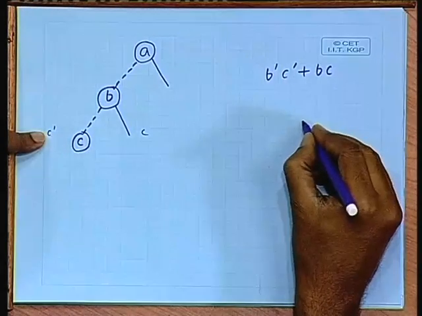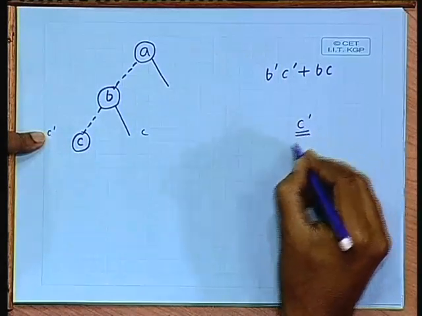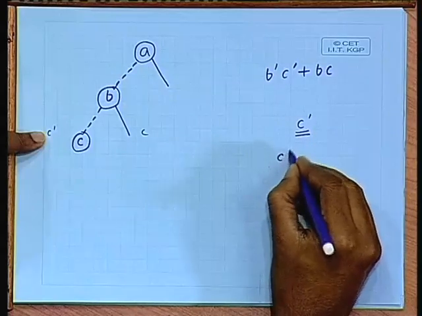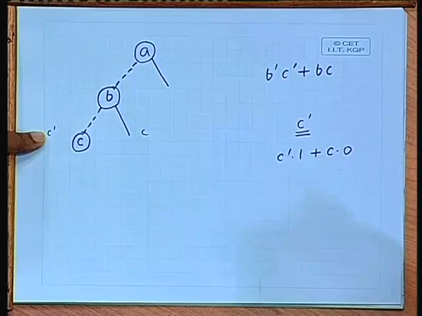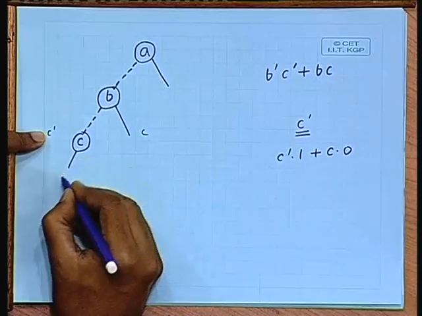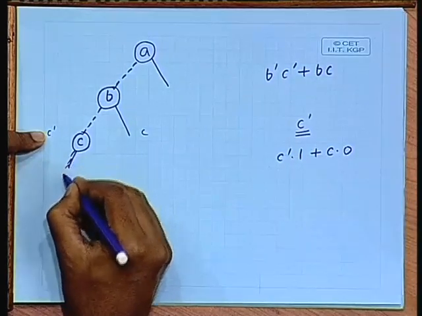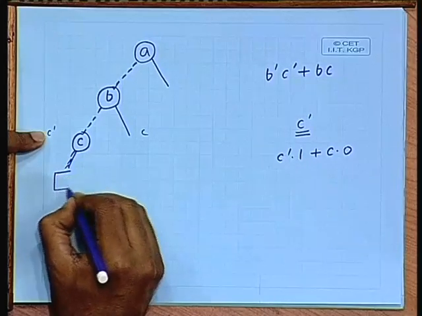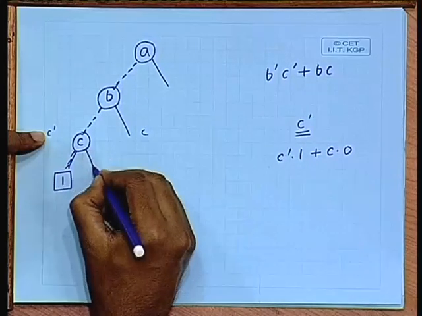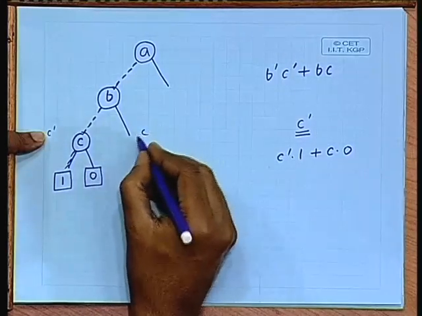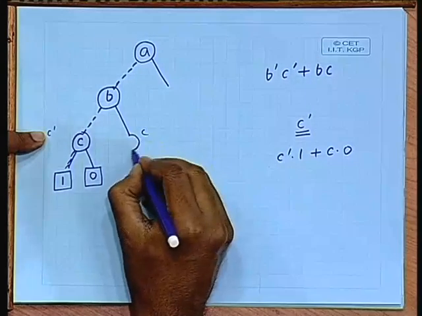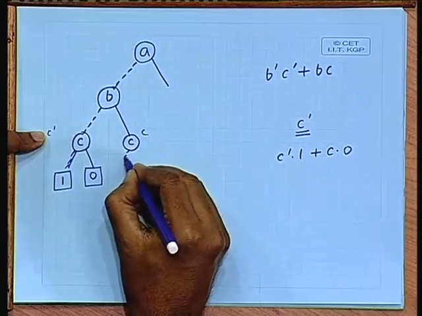Now we have only c prime here, so this can be written as c prime into 1 or c into 0. So we will be getting final terminal nodes of a 1 and a solid one as 0. Similarly, the other side is only 0. So if you expand with c, it will be 0.